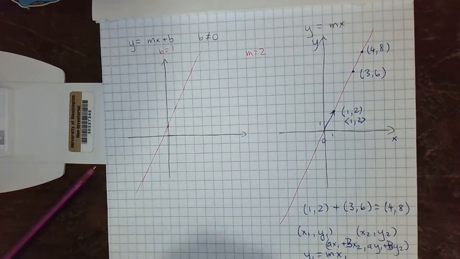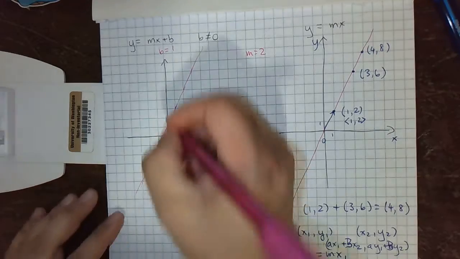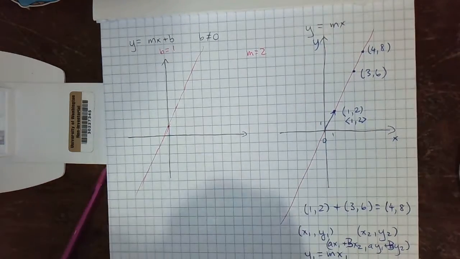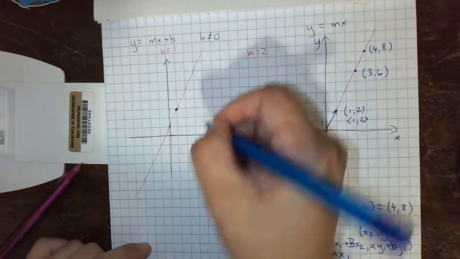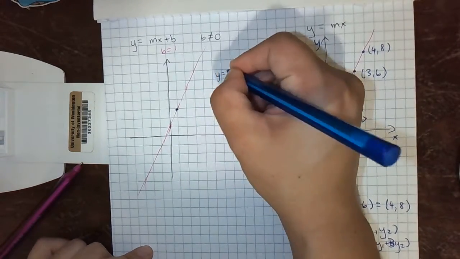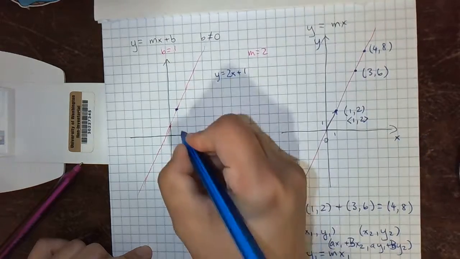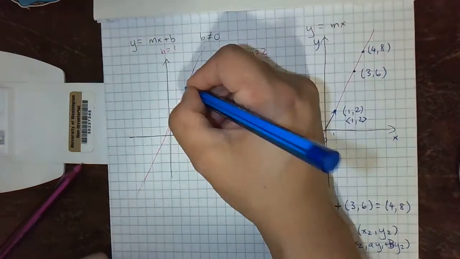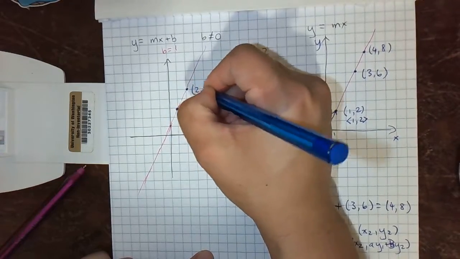Okay, so now I'm looking at this line, and I could pick, let's say this is the point, let's do this in this color. Let's see, y equals 2x plus 1, right? So this is the point 1, comma 3, if I were to put 1 in for x. And then this is the point 2, comma 5.